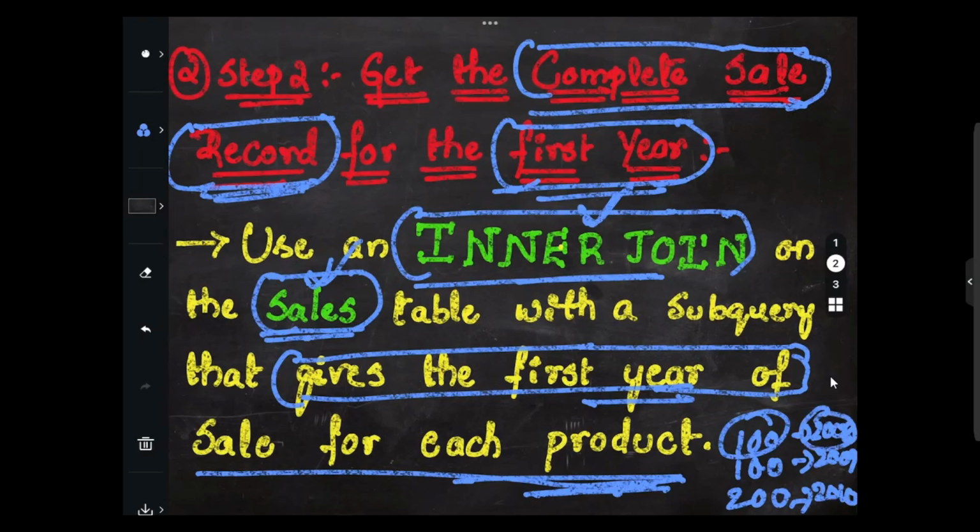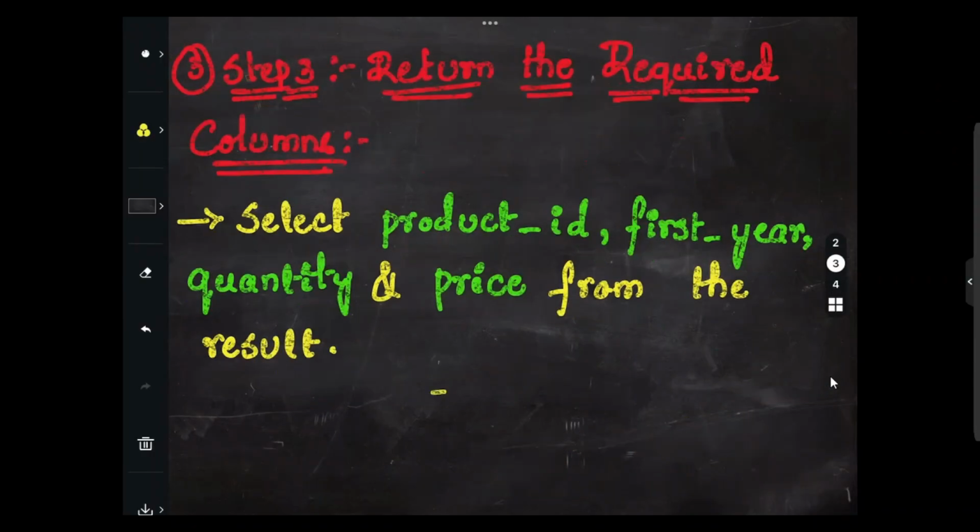Here, this was the first year sale for the 100. This is the first year sale for this one 200, right? So we have to find the first year sale for each product. That is the reason we'll be going with the inner join on sales table, with a subquery that gives the first year of sale of each product, right? So this is the second step.